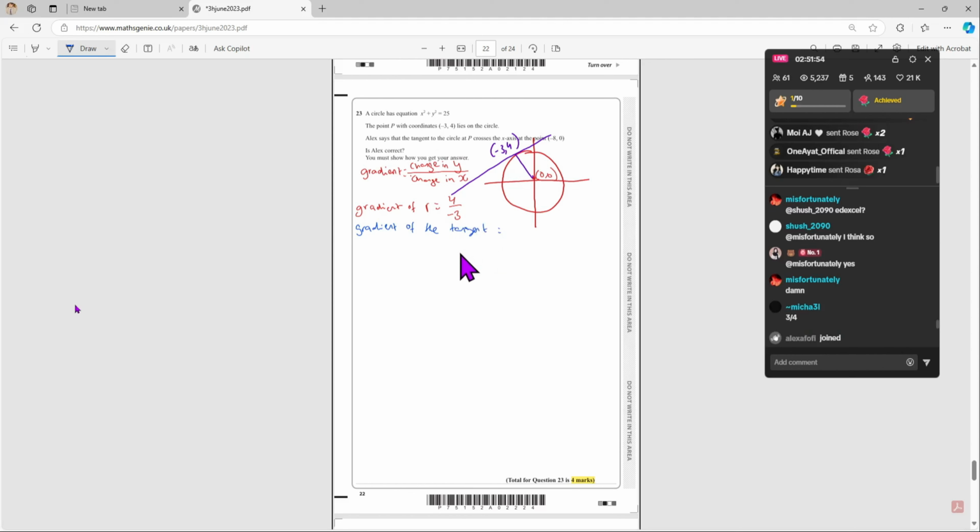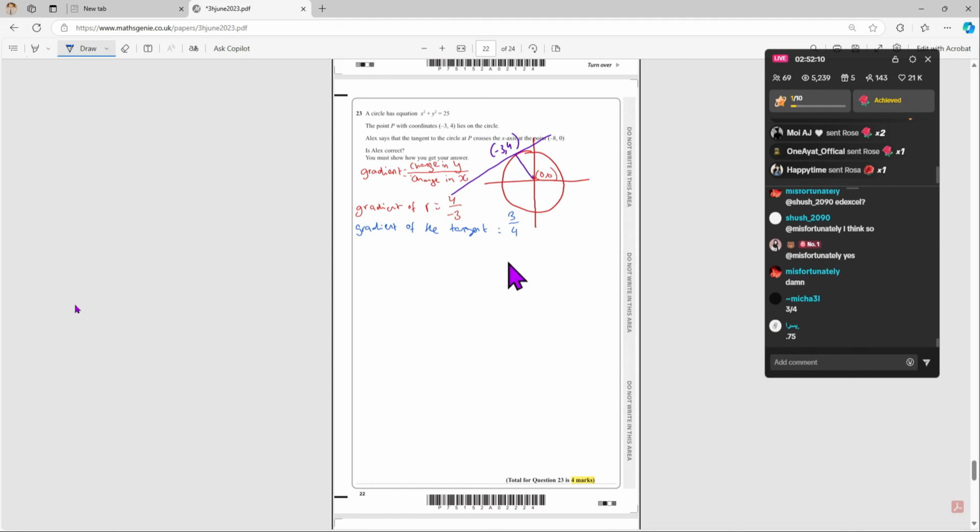So, well done for getting 3 over 4. It's just a negative reciprocal, guys. That's what we get, 4 over negative 3 to 3 over 4. It's a negative reciprocal because it's perpendicular. You can write 0.75 as well.